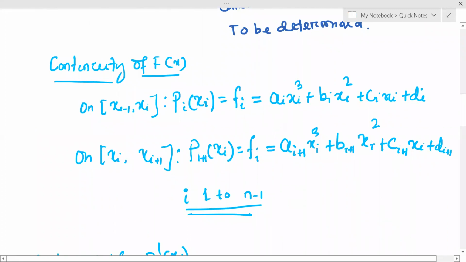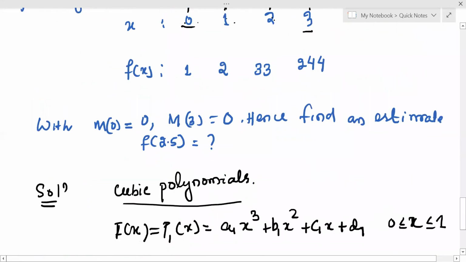We can define this interval. Any two intervals we have to consider for this case. That's just the continuity property.